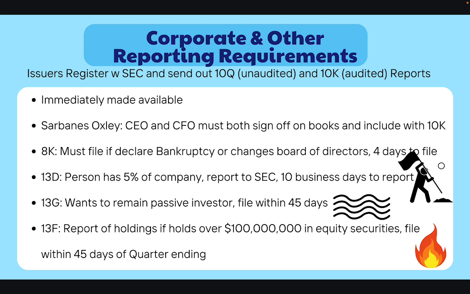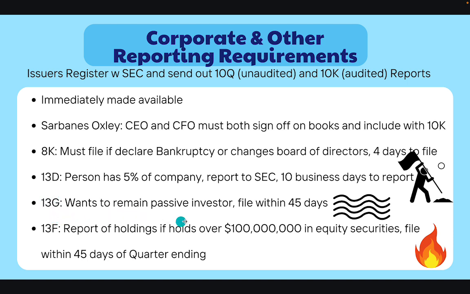13D, I'm going to help you remember this one. They are declaring: a person has 5% of the company. They have to report to the SEC. They have 10 business days to do it. So I have this guy declaring. 5%, he's declaring he's part of the company. G is for going with the flow.